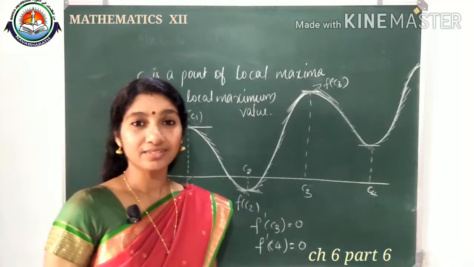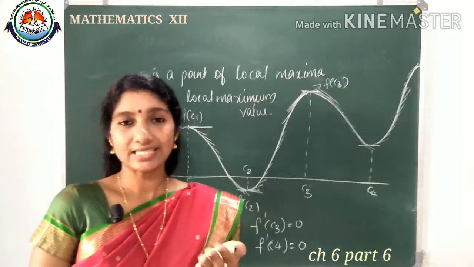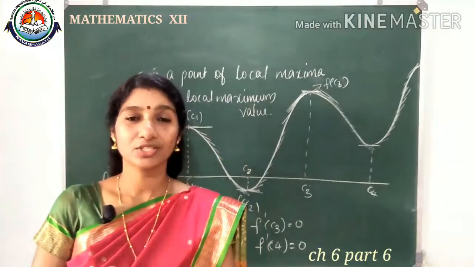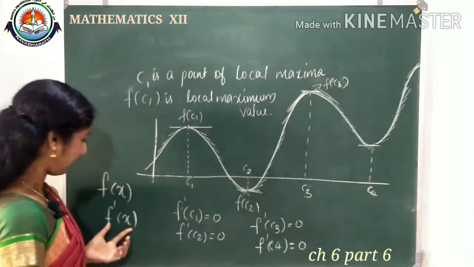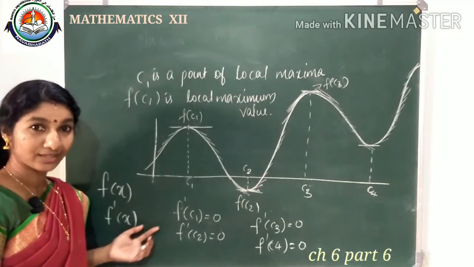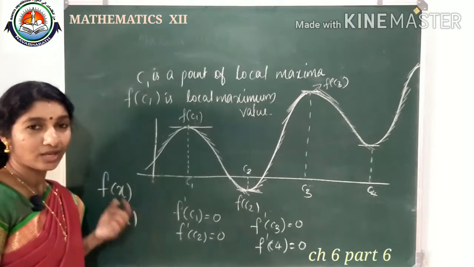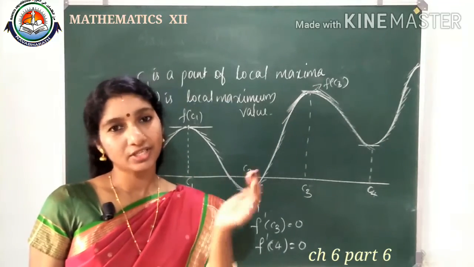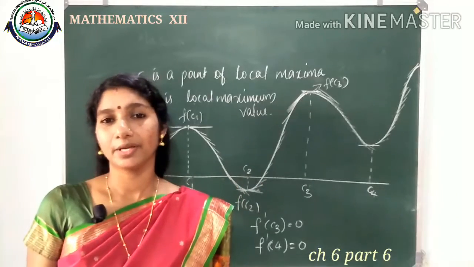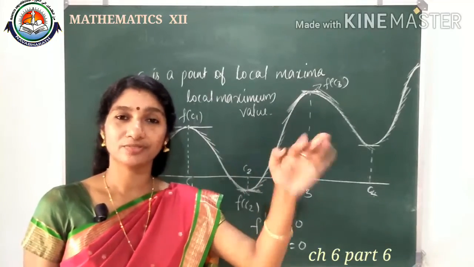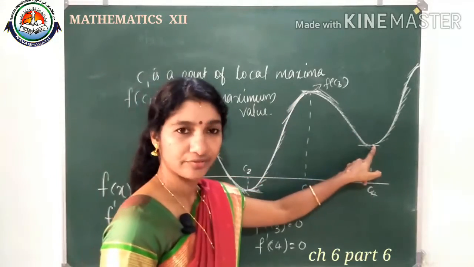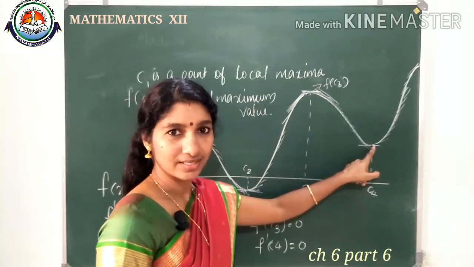So, to check whether a function has a minimum value or maximum value, we need to find f dash of x equal to 0 at which points. At those points, either we will get a maximum value or a minimum value, because at those points the slope of the tangent is equal to 0. So at all these points we will get f dash of x equal to 0, isn't it?